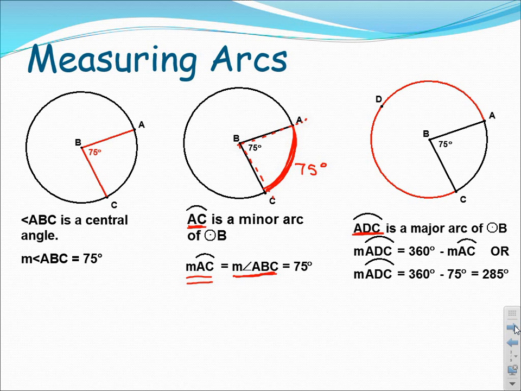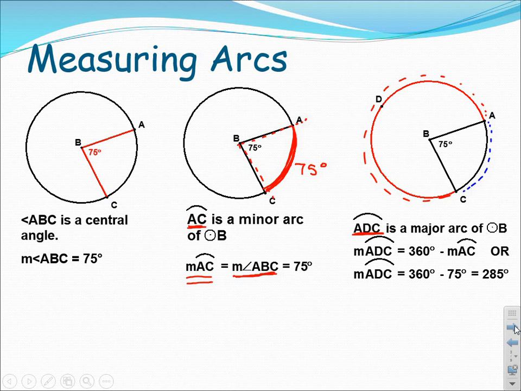Because if I were talking about this third picture, and I'm going to do this in a different color. If I were talking about this third picture and I wanted to talk about what's in red right now, but I said arc AC, well, you can kind of see that I can go this way with AC as well as what's labeled in red from A to C. I can go 2 different directions.